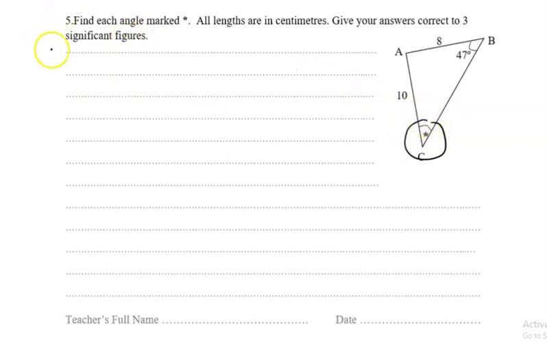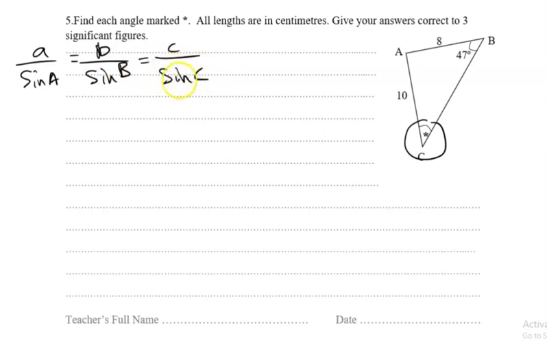Since we're dealing with sine rule, we're going to have a over sine A equals b over sine B equals c over sine C. Now this angle is paired up with this side here. This angle is paired up with the opposite side here. So when you pair them up, you can plug them into here.